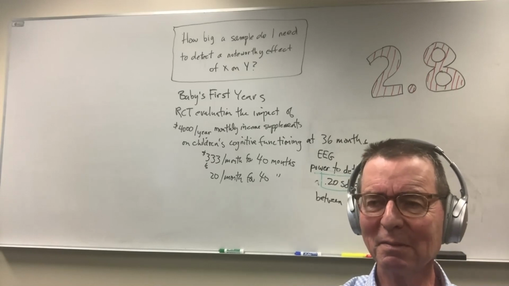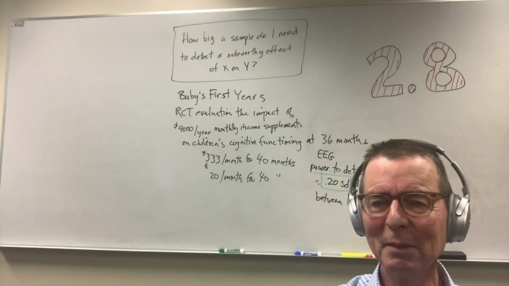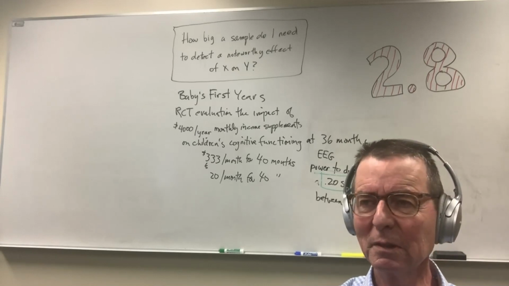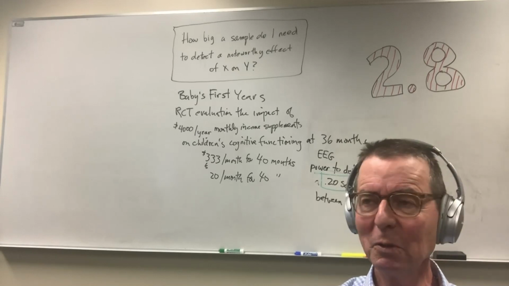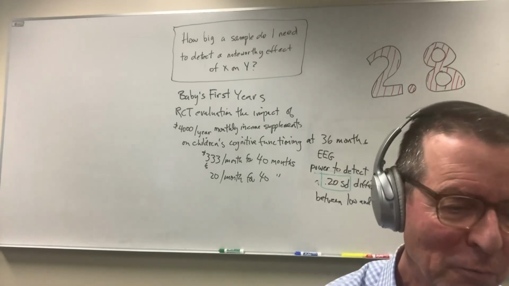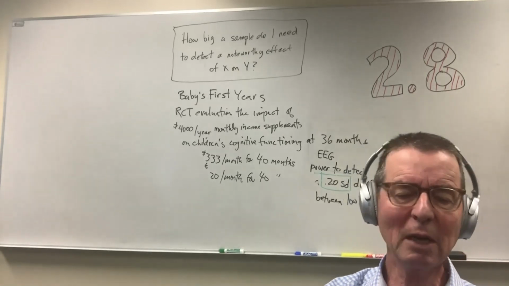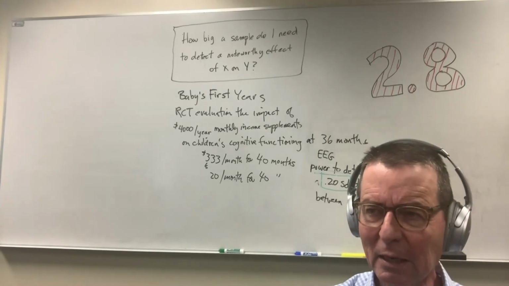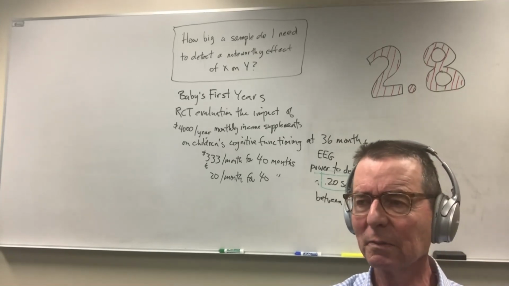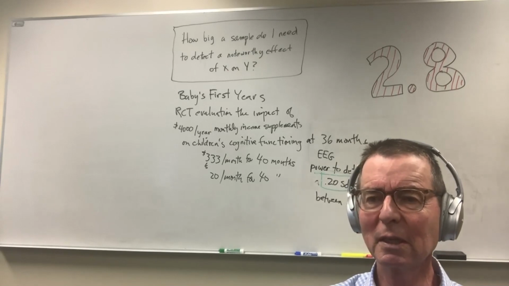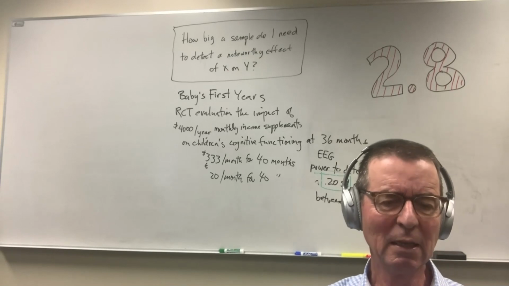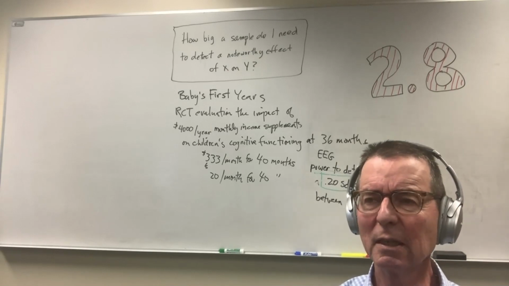It'll be, you know, a couple thousand dollars per child, maybe. And maybe a 50-50 allocation isn't the best. If you make it 60-40 or 70-30, you don't lose that much power, and you have a lot more money to increase the total sample size, right? So there are those kinds of considerations too when you actually go about designing an analysis.